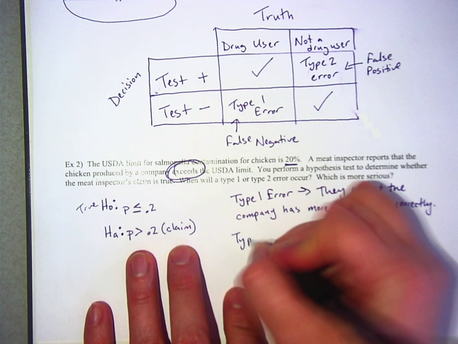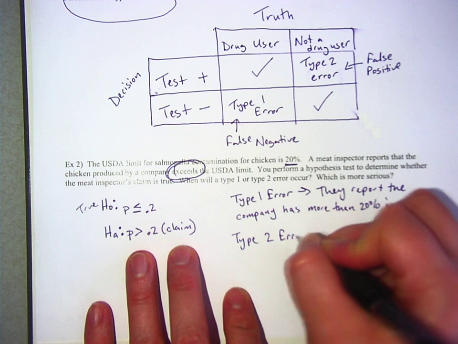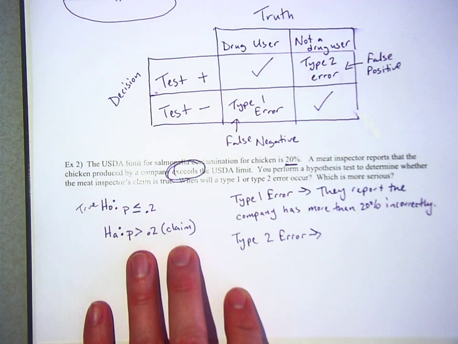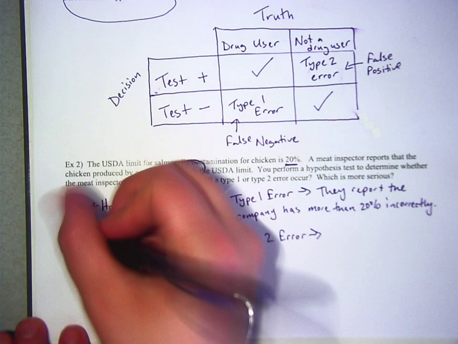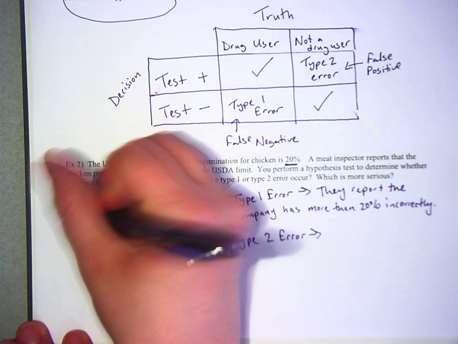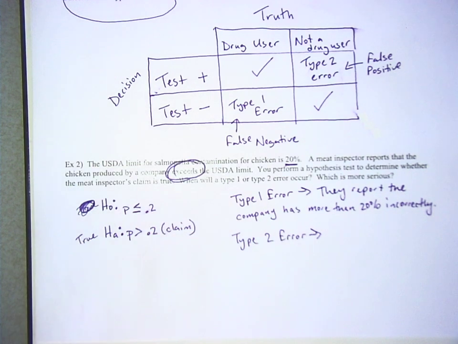And a type 2 error in this case would mean that this is true, but that we don't catch it.